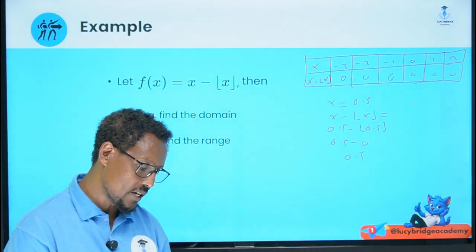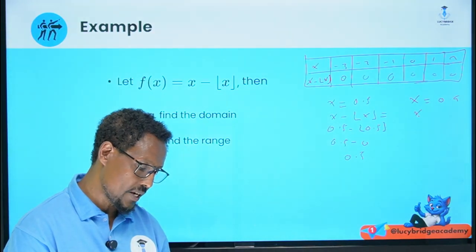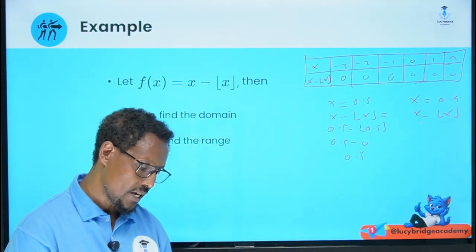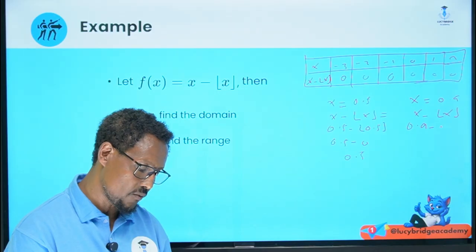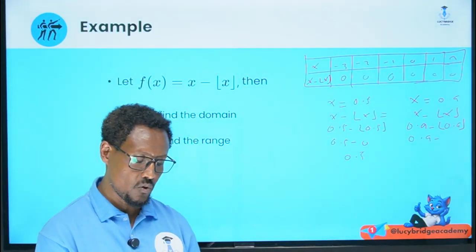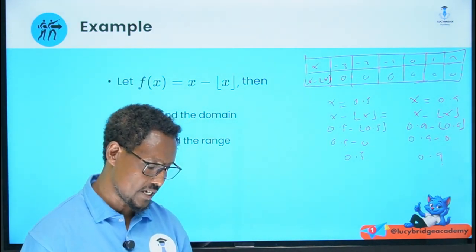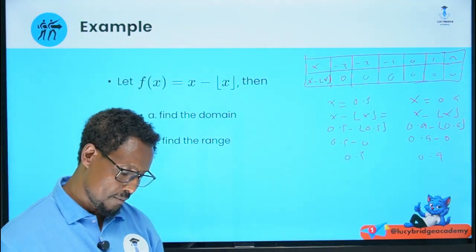When x is 0.9, x minus floor of x, x is 0.9 minus floor of 0.9. 0.9 minus what is floor of 0.9? 0, okay, that means we get 0.9.